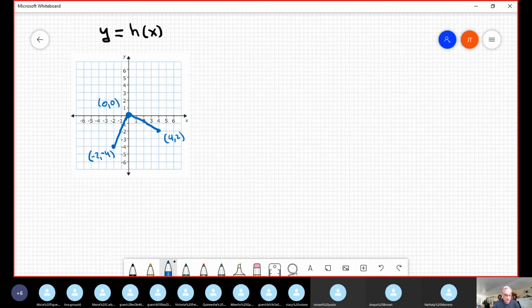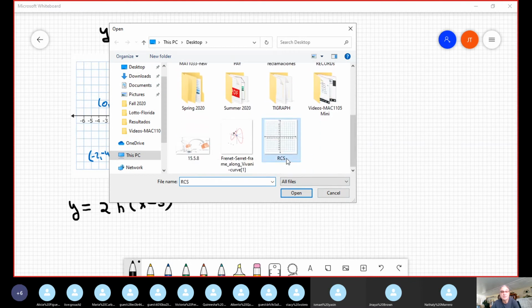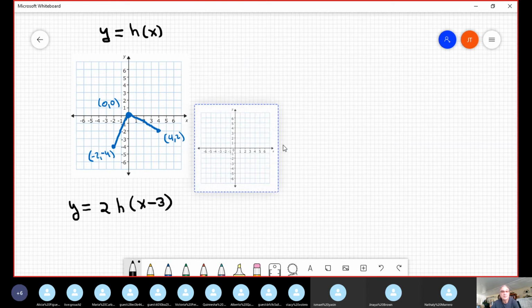Okay, thus I want to do the graph of another function, which is related, of course, with this graph, which is 2 h of x minus 3. Okay. Let me use another rectangular coordinate system.